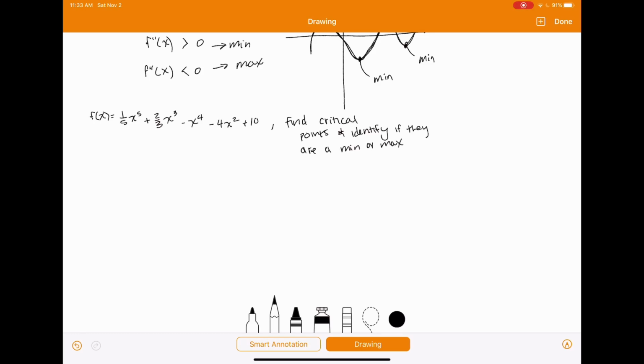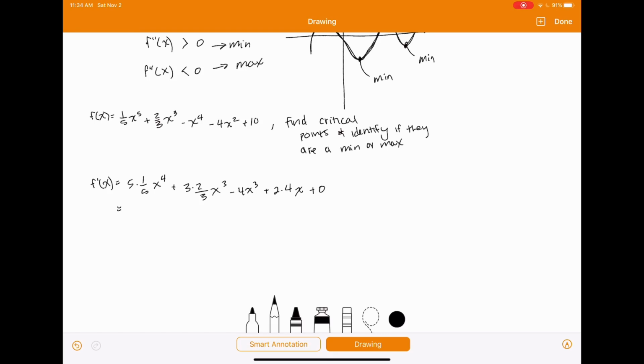All right, so the first thing we're going to want to do is take the derivative of this. So f prime of x is going to equal 5 times 1/5 x to the 4th plus 3 times 2/3 x cubed minus 4x cubed minus 2 times 4x plus 0.